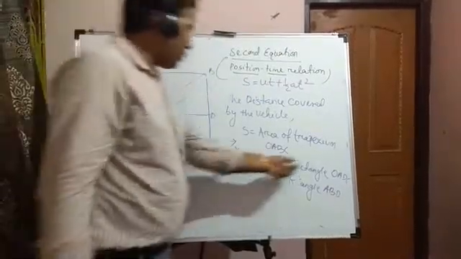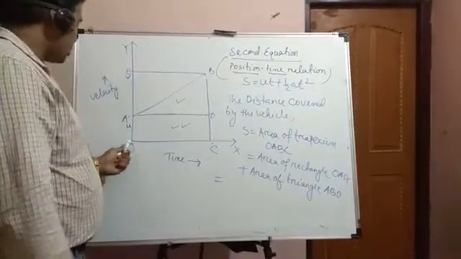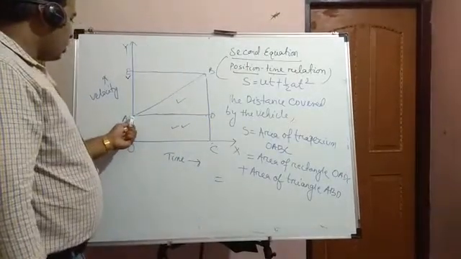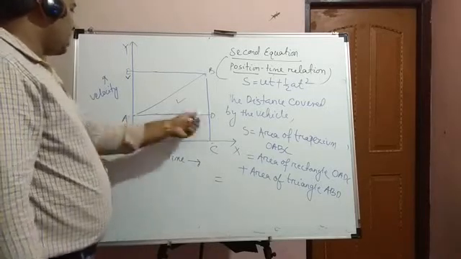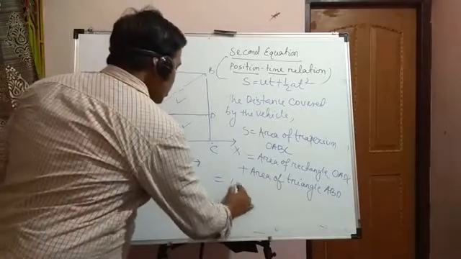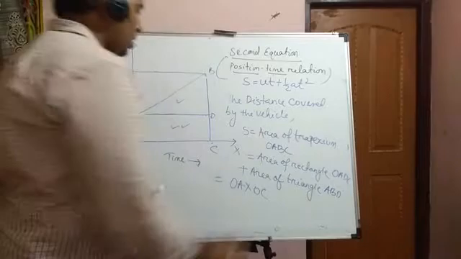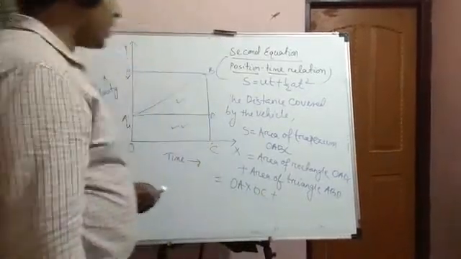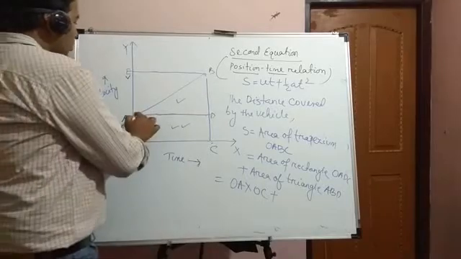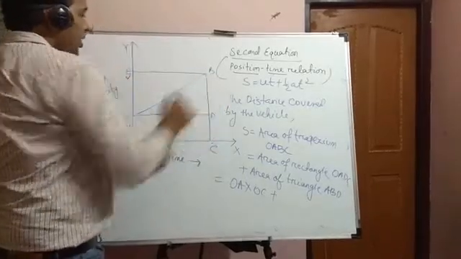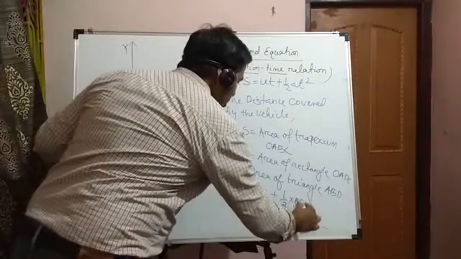What is the area of rectangle OADC? Length and breadth, so you can write OA into OC, or OA into AD, plus the area of triangle ABD. Area of triangle ABD is half base into height, where base is AD and height is BD, so half into AD into BD.